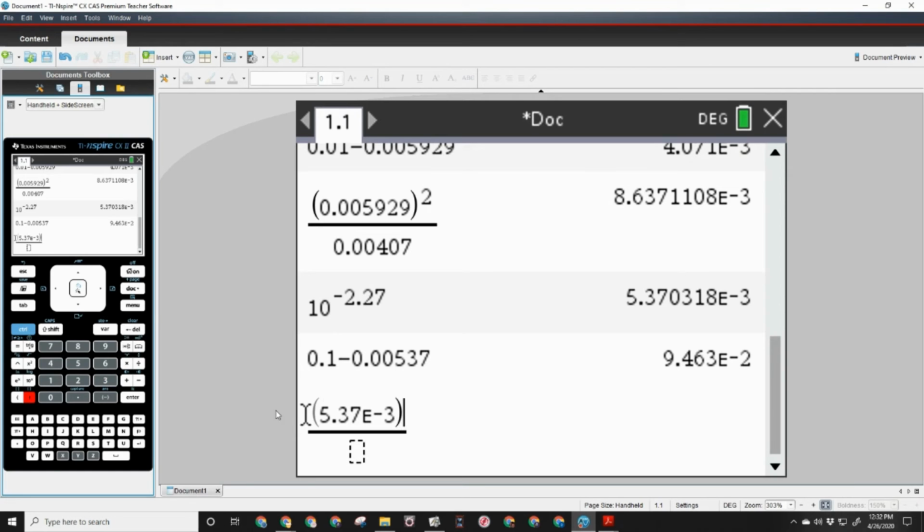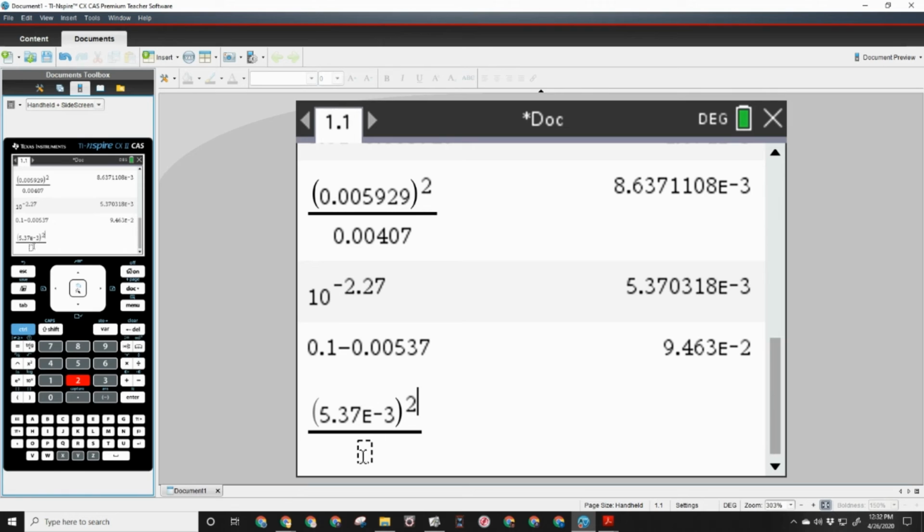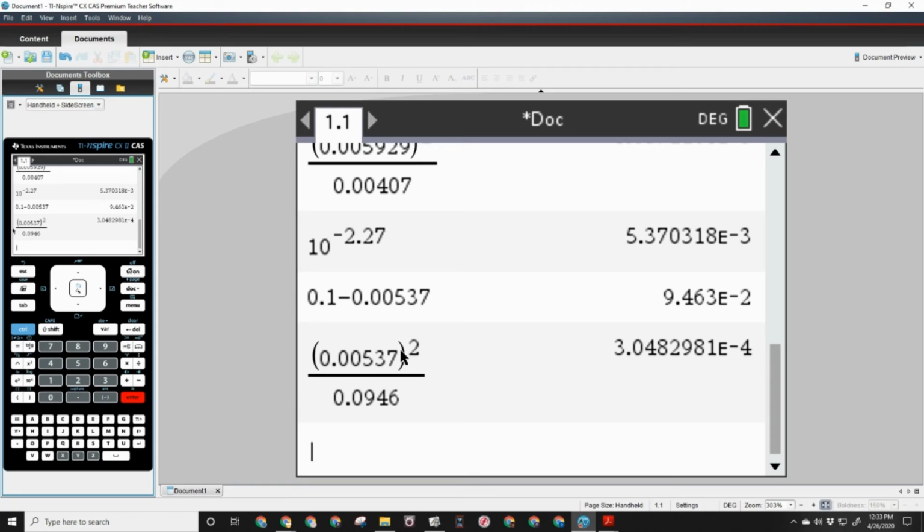I'm going to put in parentheses here because this needs to be squared, over 9.46 times 10 to the negative 2. And so our Ka value is going to be 3.05 times 10 to the negative 4.